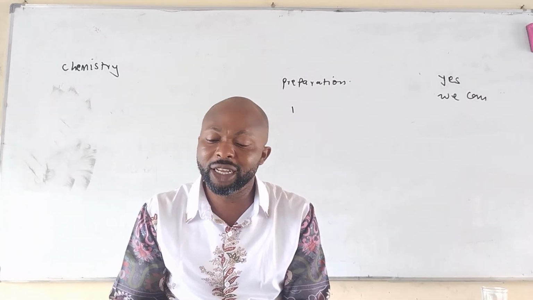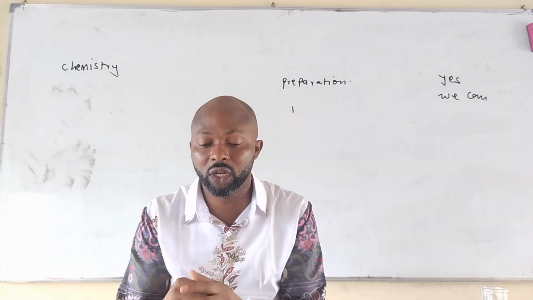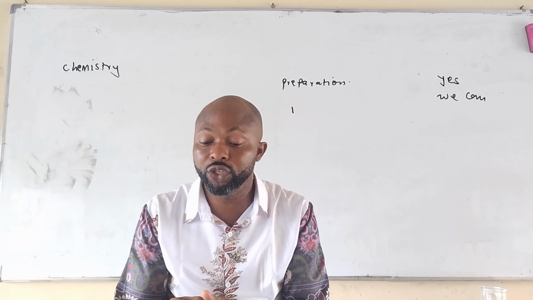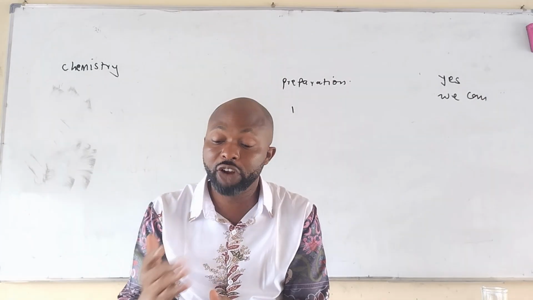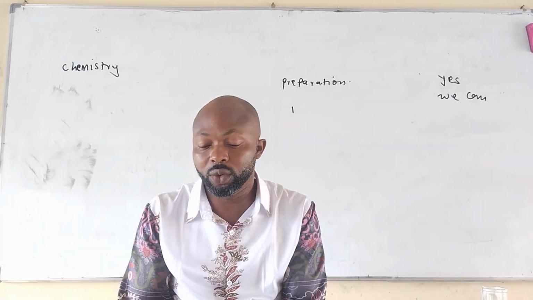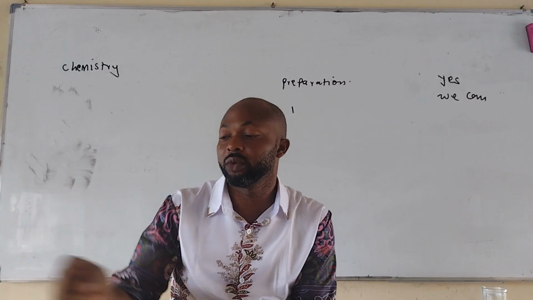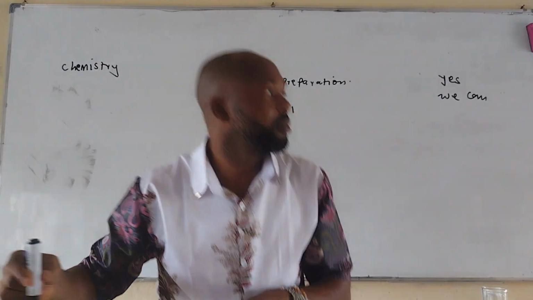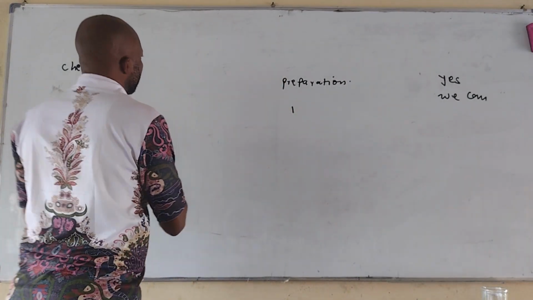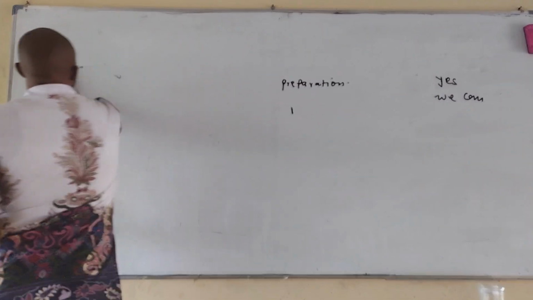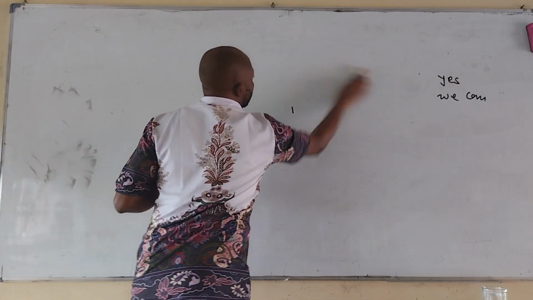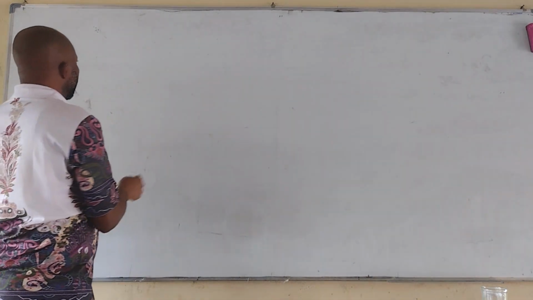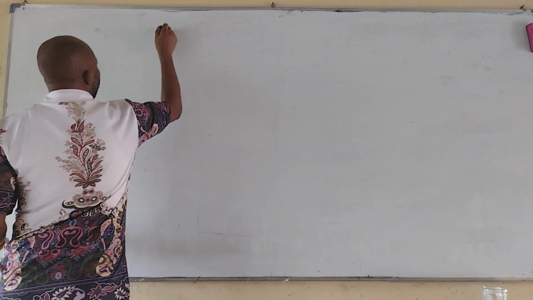So, preparation of standard solutions (solid). Our question number one: prepare a standard solution of 1.0 mole per dm cube of sodium trioxocarbonate(IV). So that is sodium trioxocarbonate(IV), 1.0 mole per dm cube. So let's start.